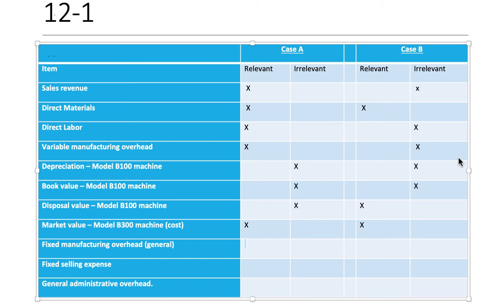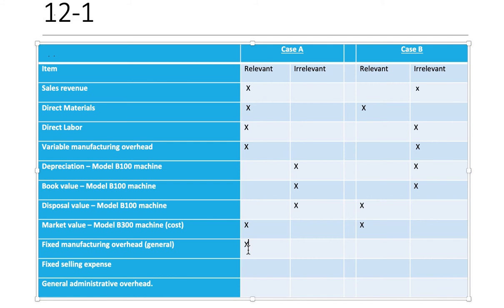So in this case, they're talking about the general overhead. And the problem tells us that general administrative overhead is going to increase. Since we see general there, we're going to say, yep, the circumstance told us that general administrative overhead is going to change between the two scenarios. That is relevant.